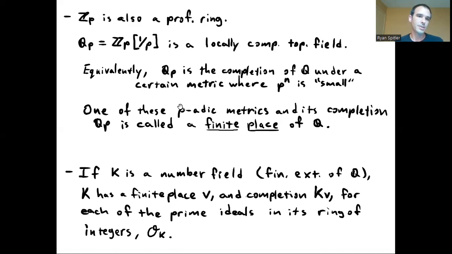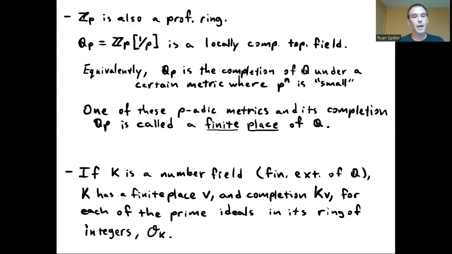So how should one think of this related back here? Well, Z_p, where did the p come from? p is a prime. This is related to the prime ideals in the ring Z. If you take this number field, you can look at its ring of integers, O_K, and look for its prime ideals.